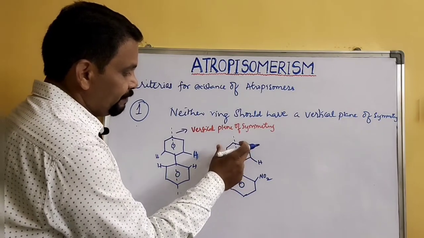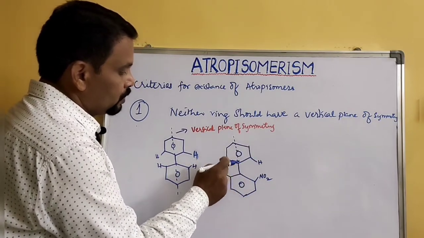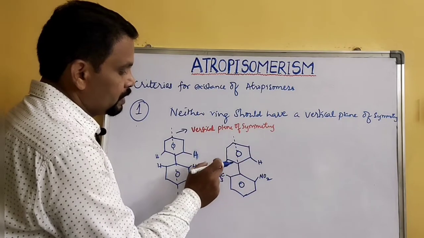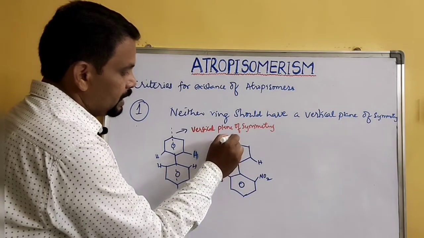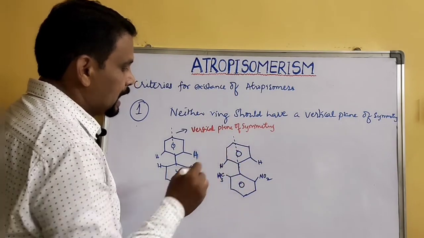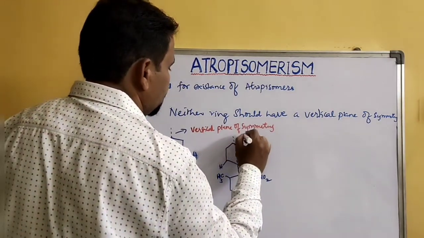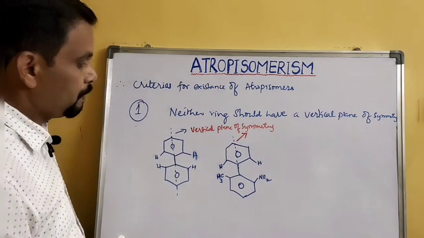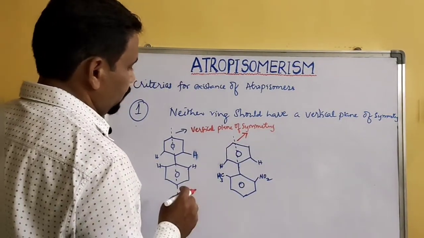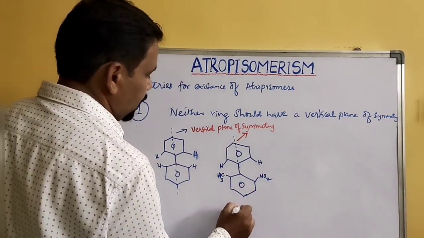But in the case of the upper ring, the two ortho substituted groups are similar. So therefore this upper ring contains a vertical plane of symmetry. So this is the vertical plane of symmetry, upper ring.